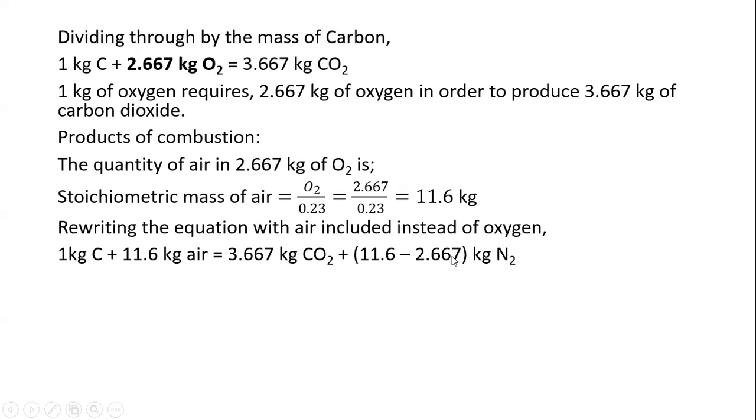You just subtract the oxygen from the air so that what remains is the nitrogen, because nitrogen comes out the way it went in; it does not participate in the combustion process. So in the end, the products will be the carbon dioxide we've talked about and this nitrogen. Because the nitrogen is coming from the air, we subtract the oxygen component. So there we have it as 8.93 kg of nitrogen.